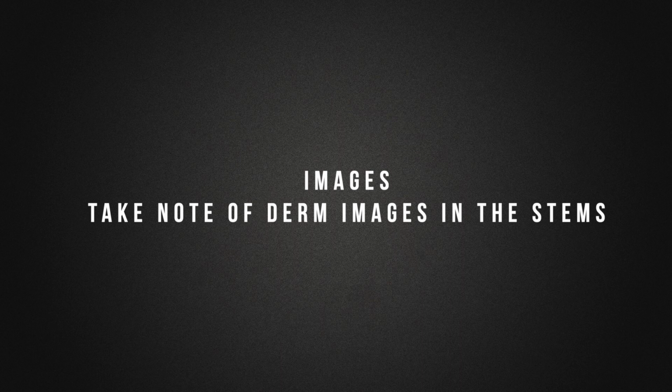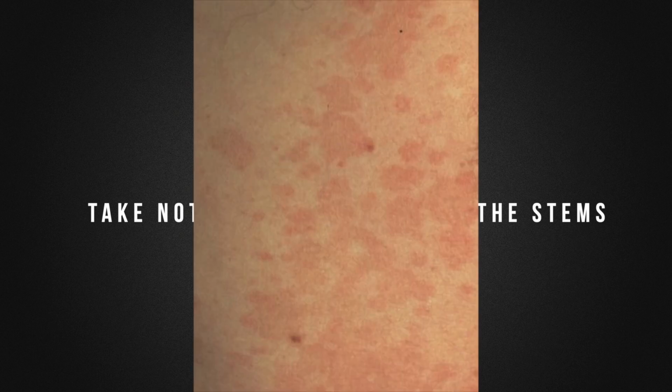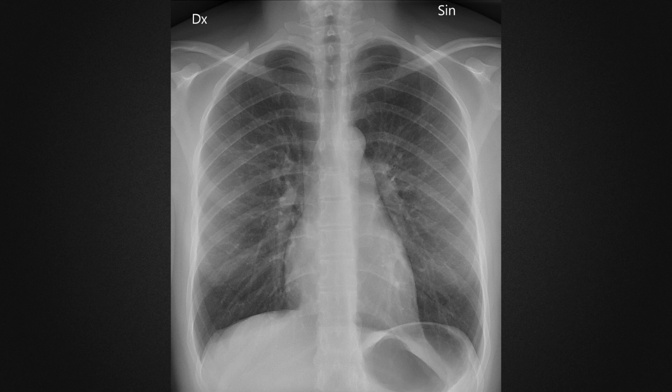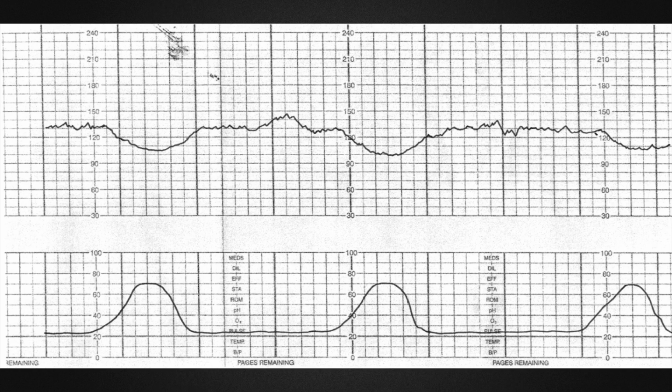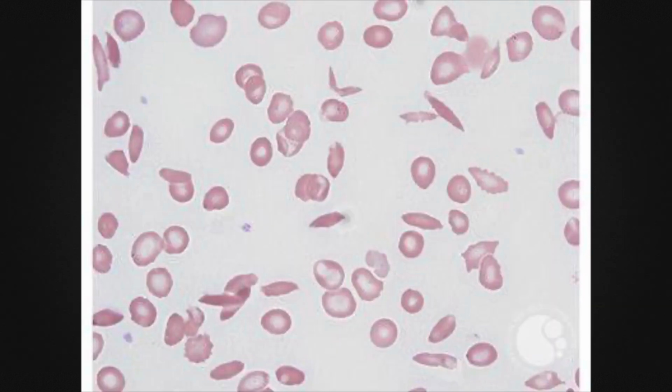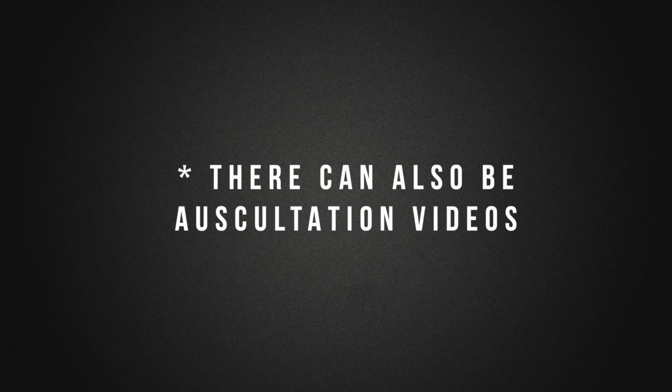If there are images, it's not for every question, but this includes derm images, and then echo, X-ray, CT, MRI, and NST usually for OB, and then PBS for hema onc questions, and very rarely, or I can't remember if there was any histopath. So I think histopath is more for Step 1 than Step 2.